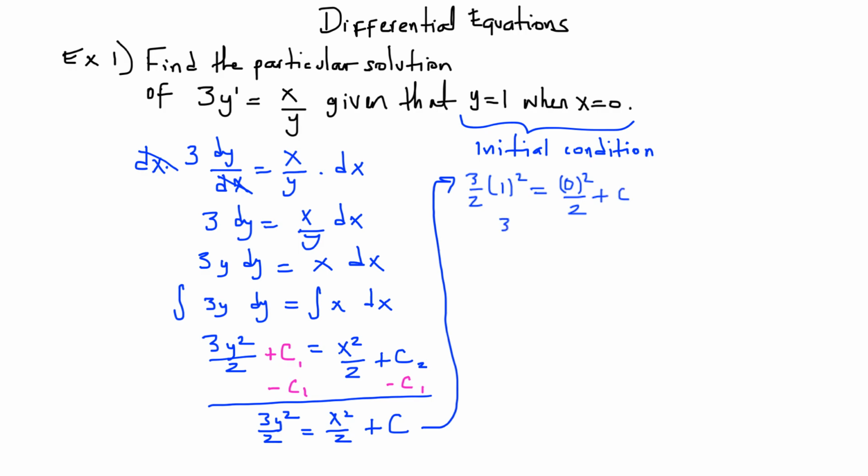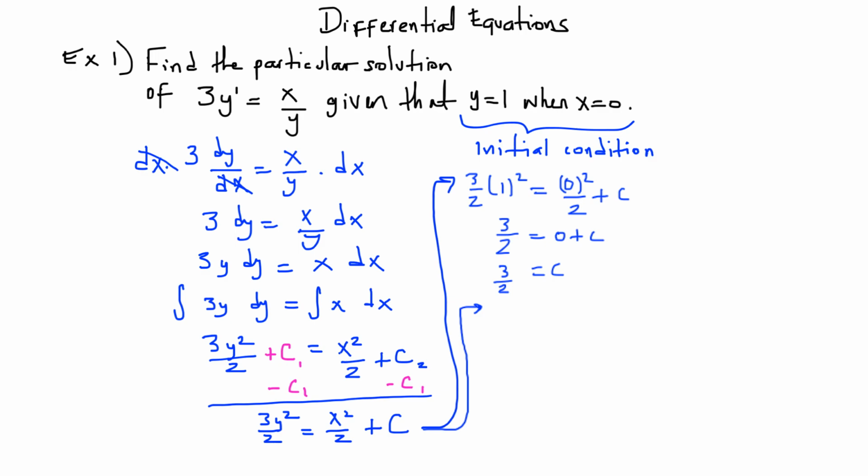So then that yields 3 halves equals 0 plus c, or c equals 3 halves. So now we can come back to the equation where we stopped. We stopped right there to find the c value. So we come back to that same location and say, now we know what c equals.